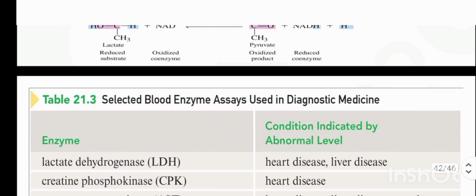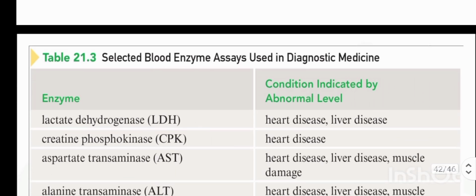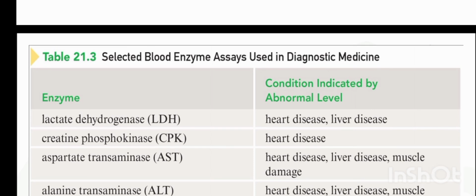Selected blood enzymes used in diagnostic medicine. First is lactate dehydrogenase, LDH. Conditions indicated by abnormal levels are heart disease and liver disease. Creatine phosphokinase, CPK: heart disease.